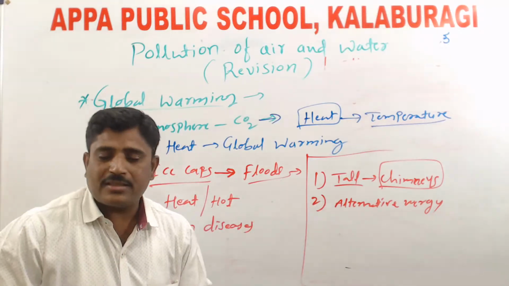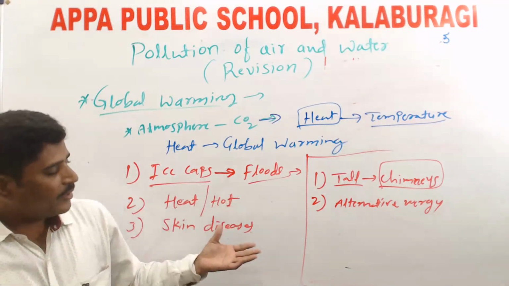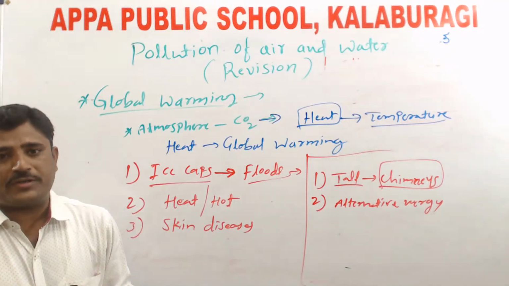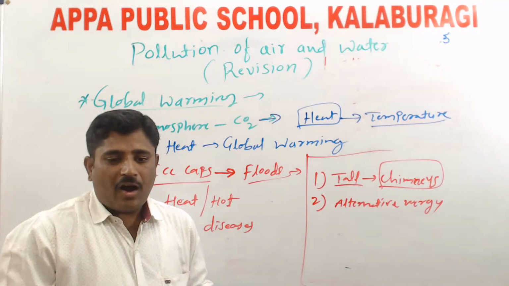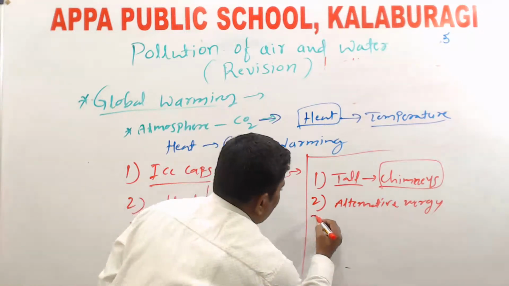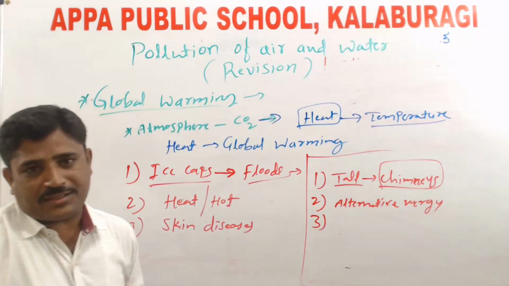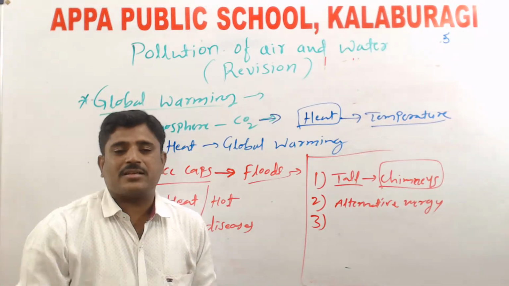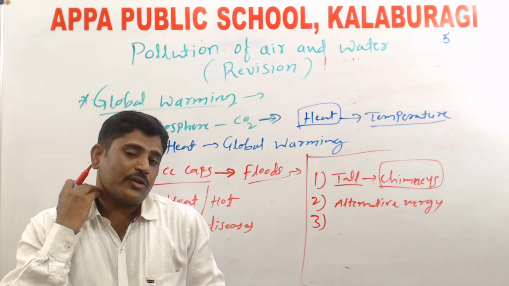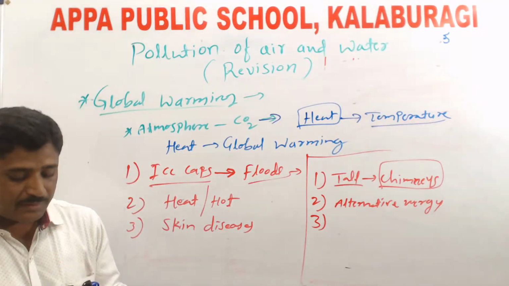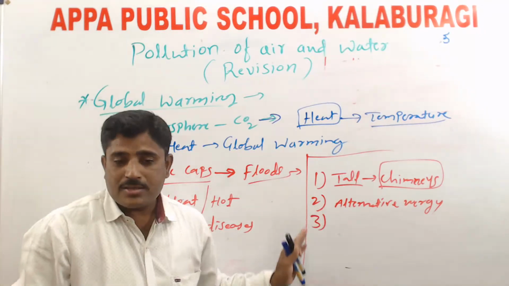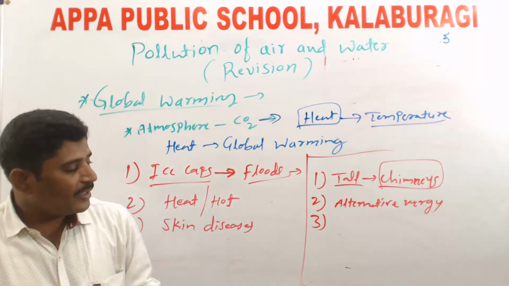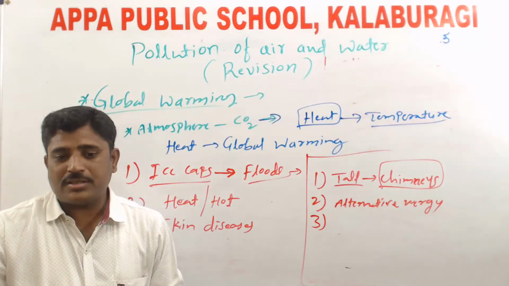It means CNG gas, LPG gas, solar energy we have to use, and there is a chance of prevention of air pollution, isn't it? Then after that, we should build the factories away from the city, at a certain distance, maybe 20 or 40 kilometers, more than 20 kilometers. There is a chance of preventing air pollution, isn't it?